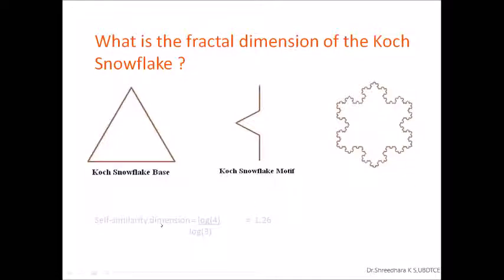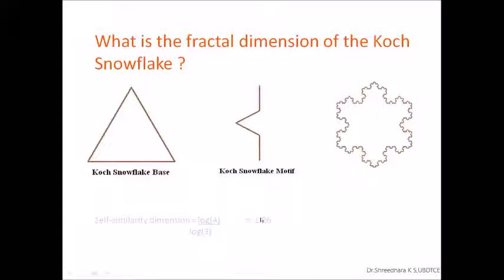So resulting this, to calculate the dimension of this line, originally it was 1 because you can measure 1, but now it occupies more area, resulting in the self-similarity dimension of this Koch snowflake function, log of 4 divided by log of 3. So divide 4 parts, originally it was 3 parts, giving 1.26.